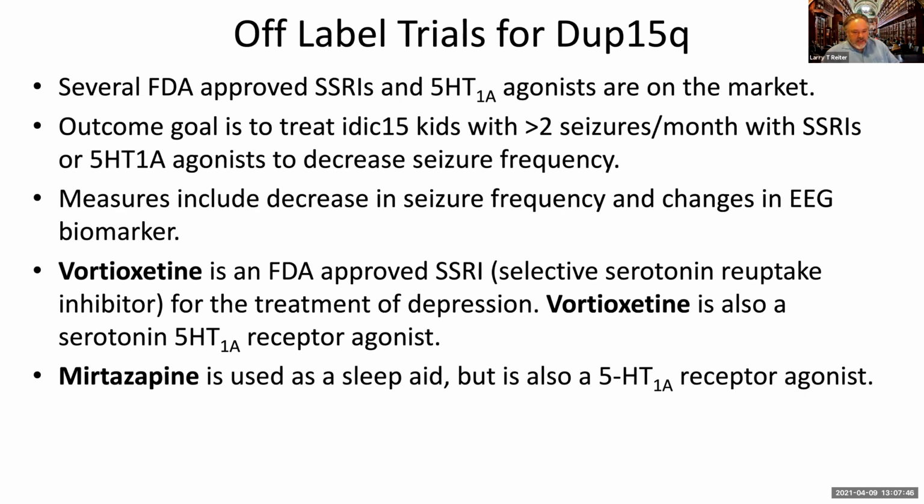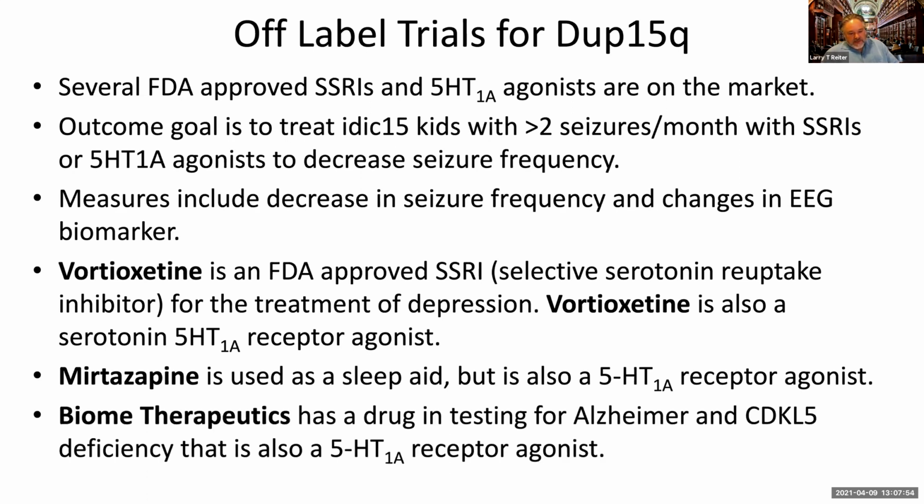So this is a really good candidate for treating seizures in these kids. It's also a 5-HT receptor agonist. And there's a company called Biome Therapeutics that we're approaching. They have a 5-HT agonist that they're using for other things, but we think might be really useful to treat epilepsy in these Dup15q kids.